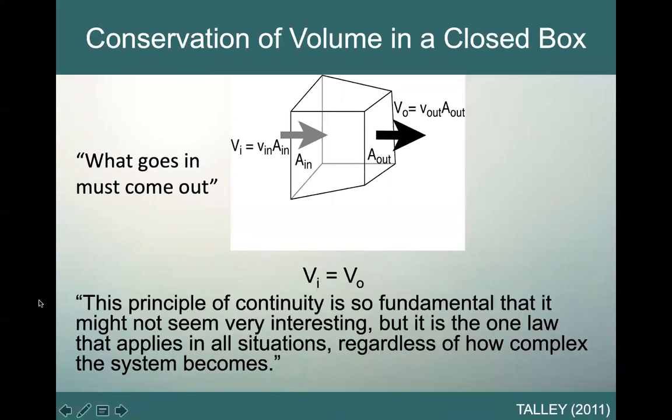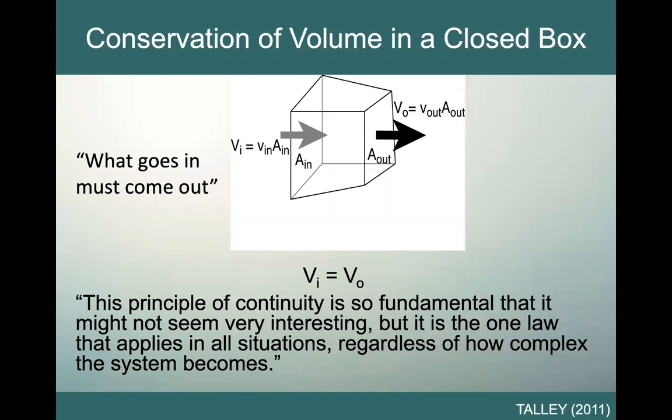And to quote Tally, this principle of continuity is so fundamental that it might not seem very interesting, but it is the one law that applies in all situations, regardless of how complex the system becomes. So if the principle of continuity is so important, we really need to find a good equation to help us apply the principle of continuity in all situations.